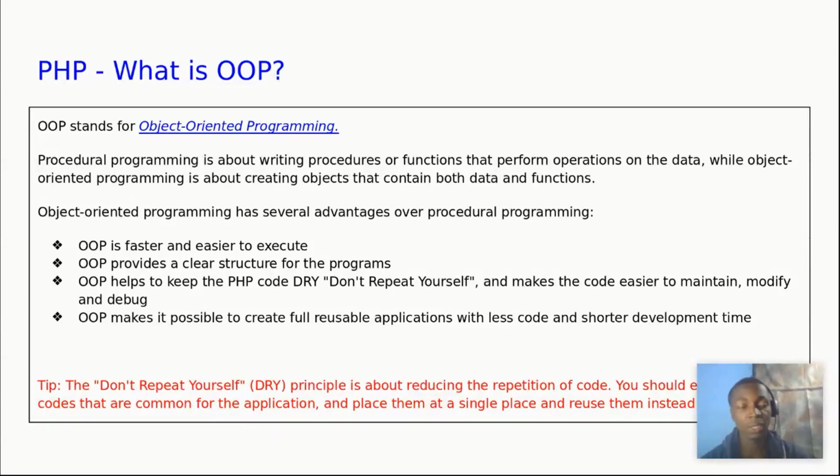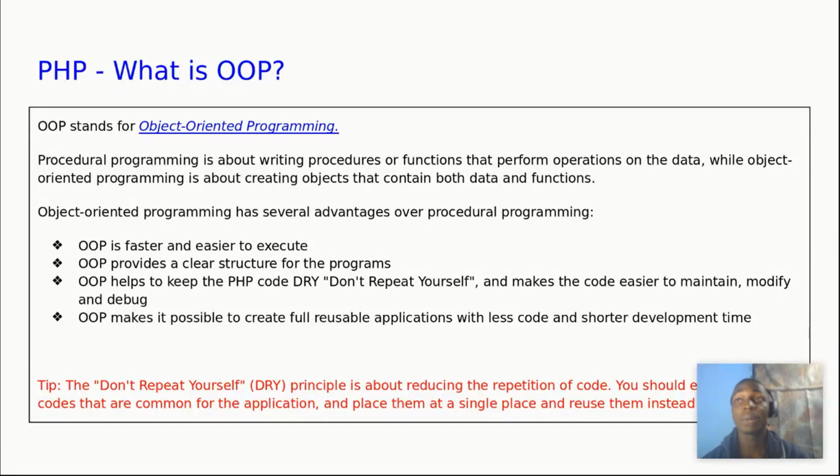In procedural programming, we declare our variables, we declare our functions, and then we work with them in a particular file. But what happens in object-oriented programming is we work with what they call classes, and these classes have their variables and functions that pertain to that particular class.